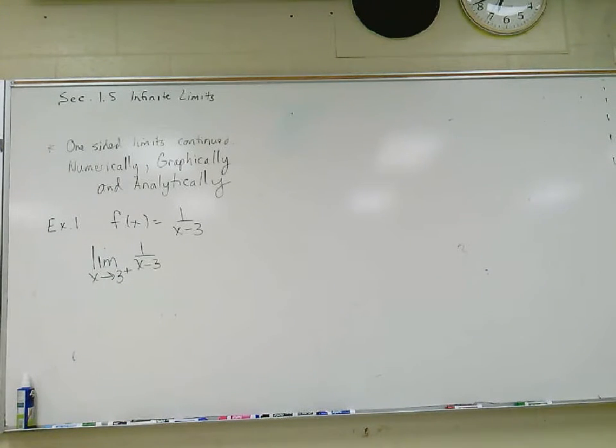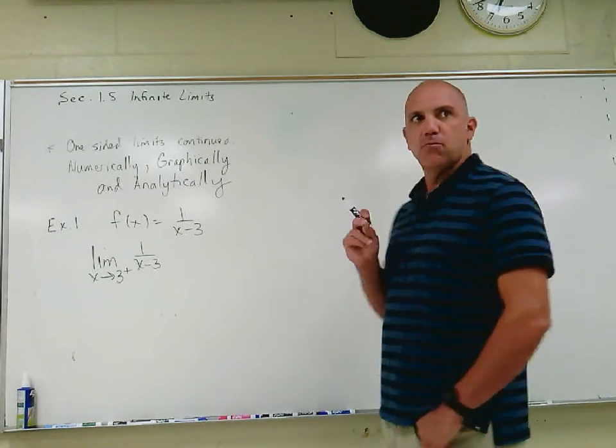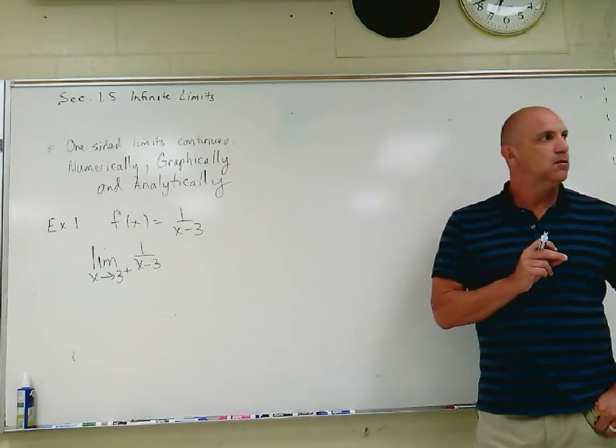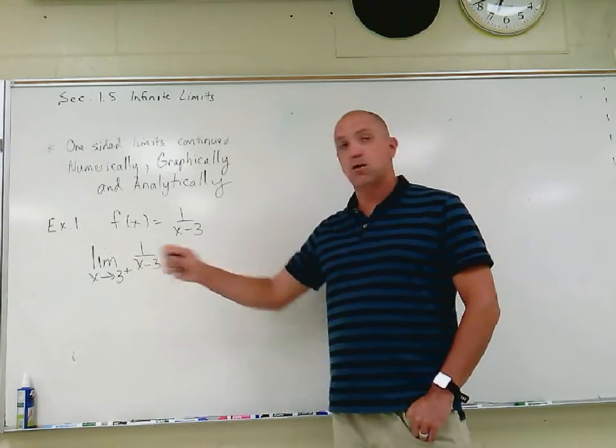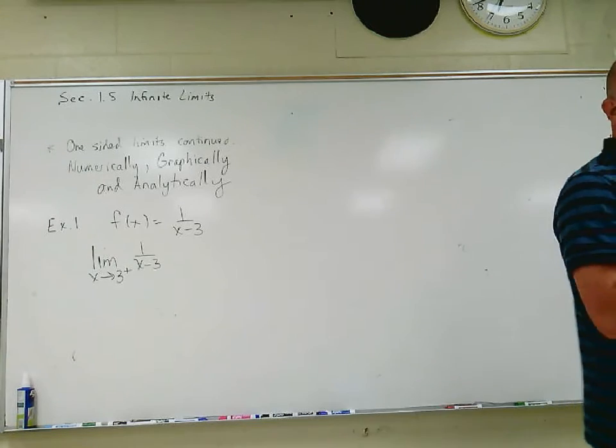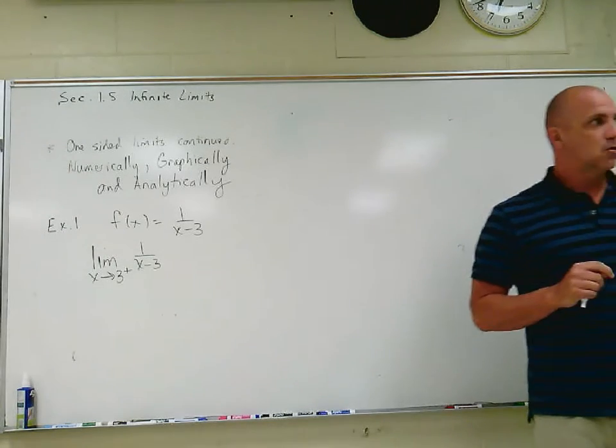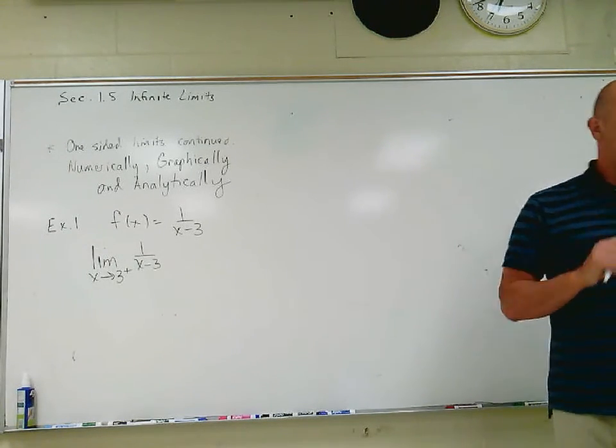On a one-sided limit, first of all, how do I know this is a one-sided limit? The plus. Yeah. We're going to approach 3 from the right. All we're doing is telling what the y's go to. What's the trend for the y's?